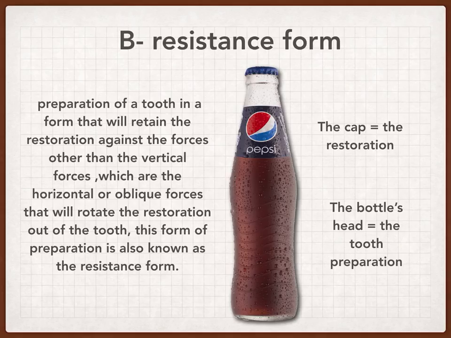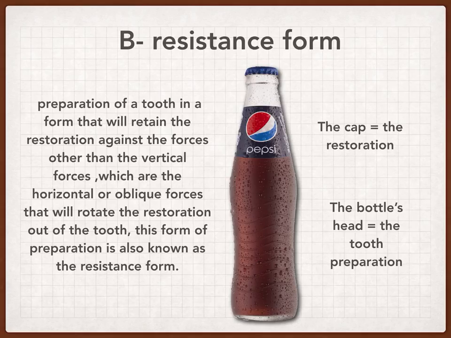Guys, I will not talk a lot about this, but I will give you a simple example so that you will understand what we want to have in the preparation to be a resistance form preparation.